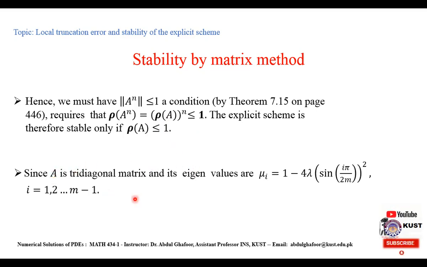Here we use the result that the eigenvalues of the tridiagonal matrix are mu_i = 1 - 4 lambda sin^2(i pi / 2m), where i starts from 1 and reaches up to m-1. You can see this result in a book of linear algebra.